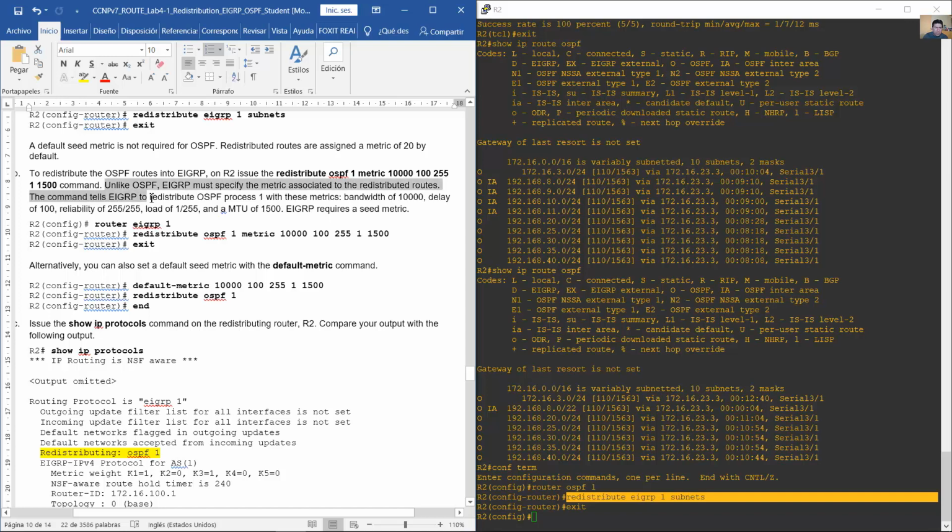The command tells EIGRP to redistribute OSPF process 1 with these metrics: bandwidth of 10,000, delay of 100, reliability 255 of 255, load 1 of 255, and MTU of 1,500. EIGRP requires a seed metric.